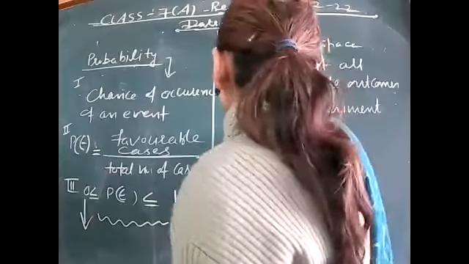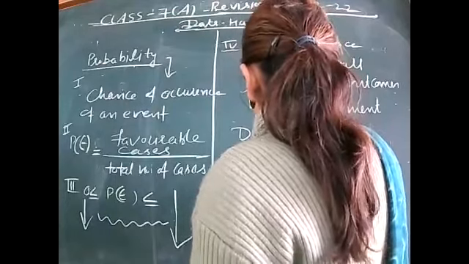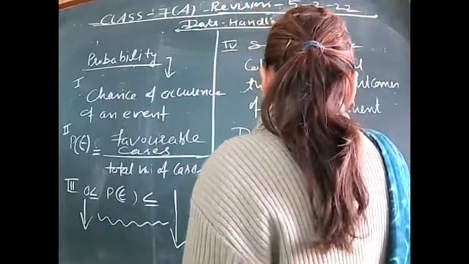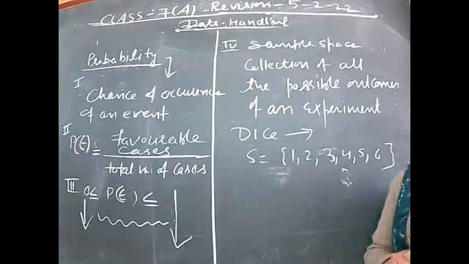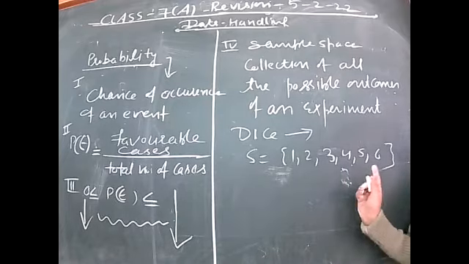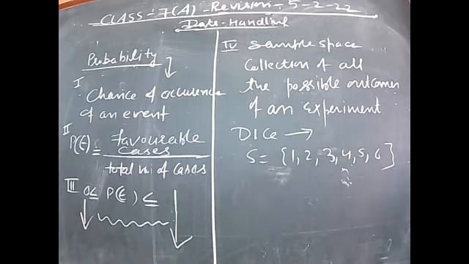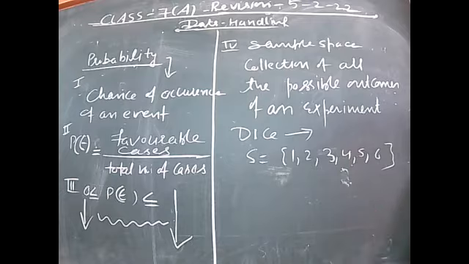For example, when we throw a dice, sample space consists of these numbers 1, 2, 3, 4, 5, 6. सैंपल स्पेस मीन्स सारे के सारे अगर हम आउटकम्स को एक ग्रुप में लिख दें तो दैट फॉर्म्स द सैंपल स्पेस, उसे कहते हैं सैंपल स्पेस. We are doing an experiment of throwing dice and we are getting these 6 outcomes.